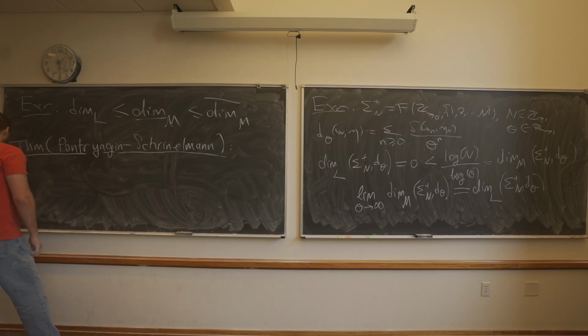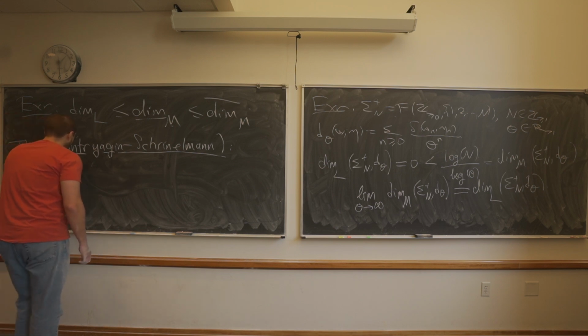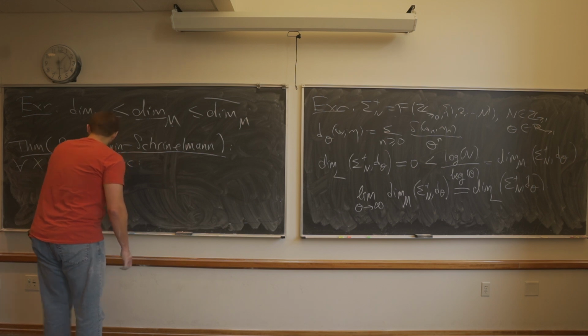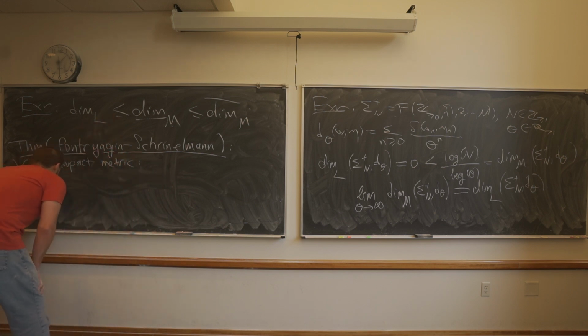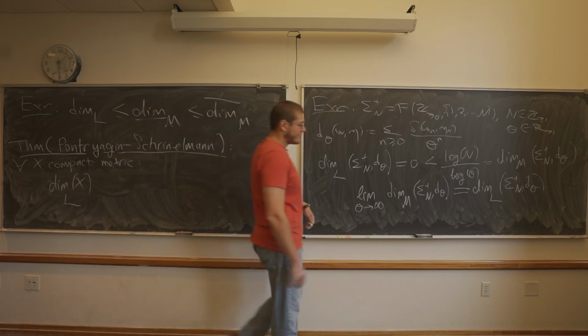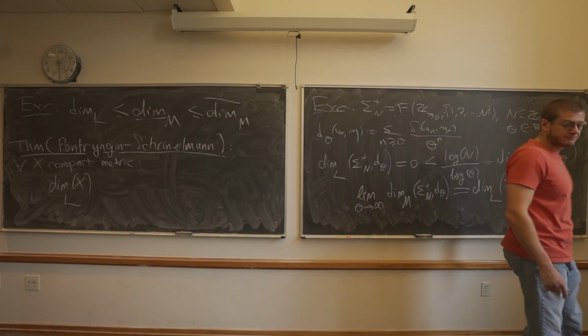Okay, I'll just leave it like that. For any x compact metric, the Lebesgue dimension is the infimum of all lower Minkowski dimensions, as you vary the metric.